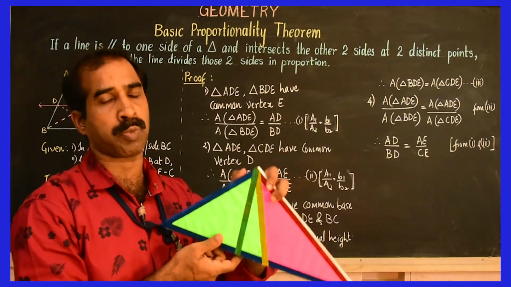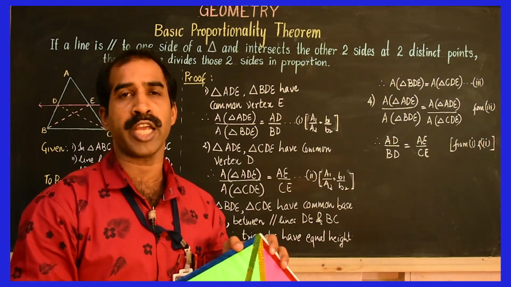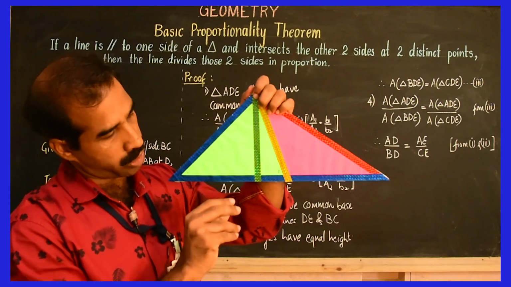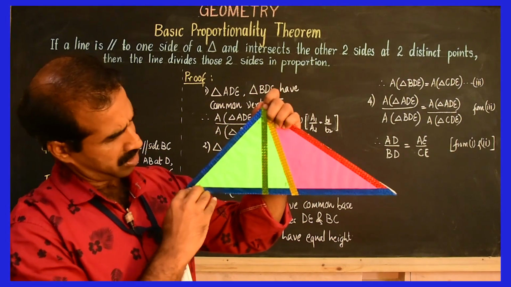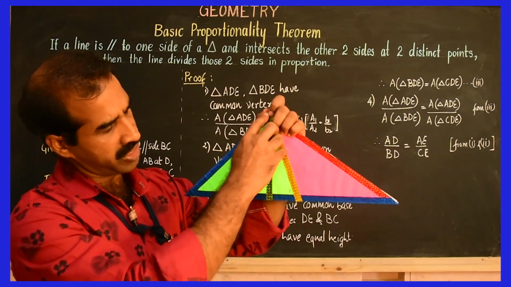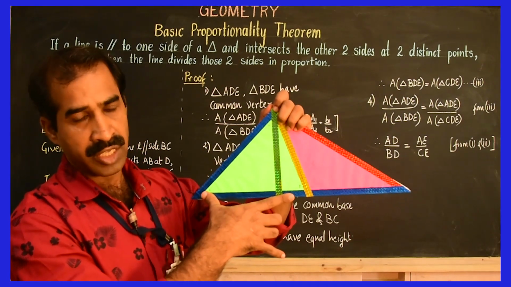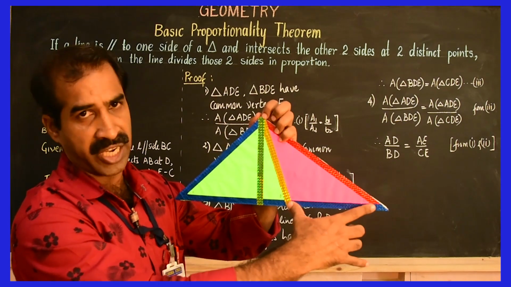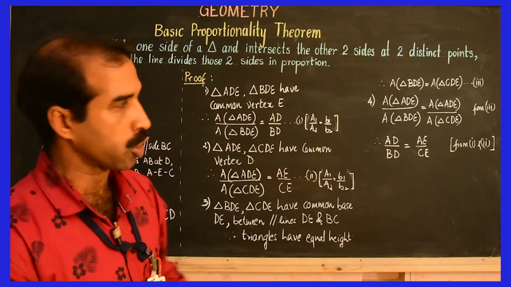So using your first property, A1 upon A2 equal to B1 upon B2. The base for triangle ADE is AD and base for triangle BDE is BD. So look at the first point on the board.